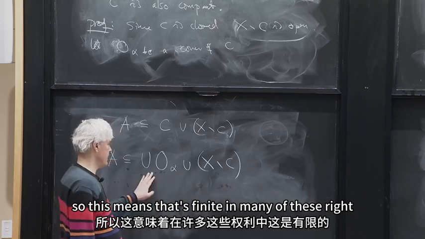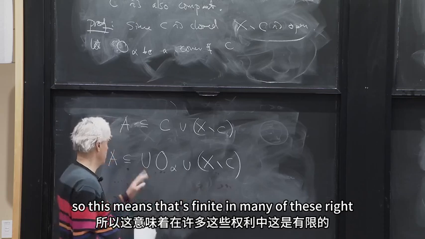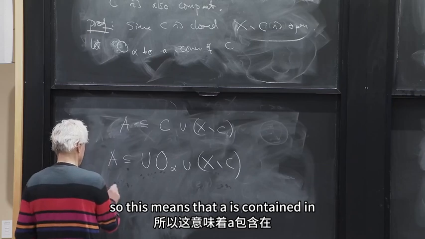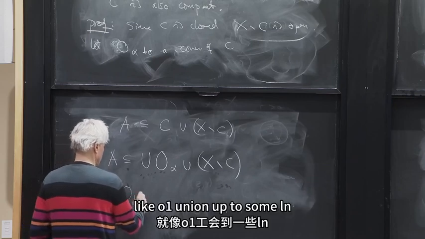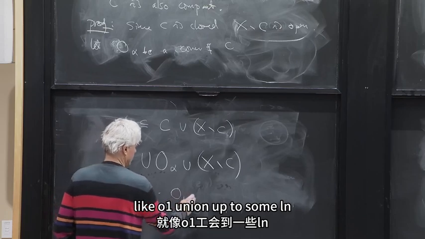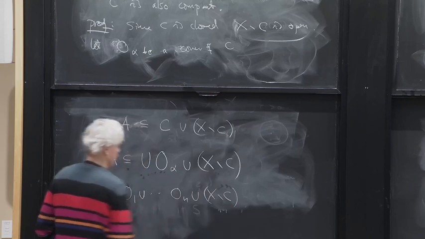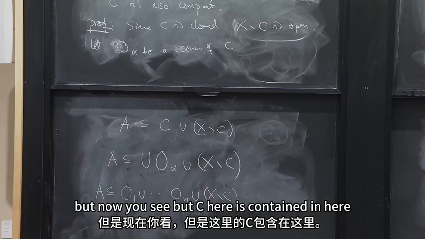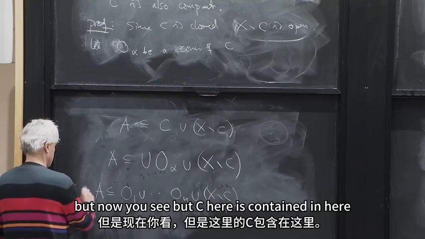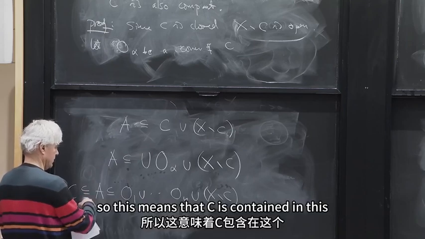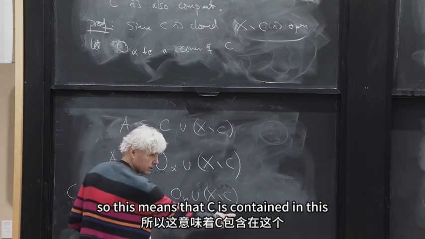So this means that finitely many of these, right? A is contained in O1 union up to ON, and then quite possibly you would also need this one here. But now you see, C here is contained in A, so C is contained in this.